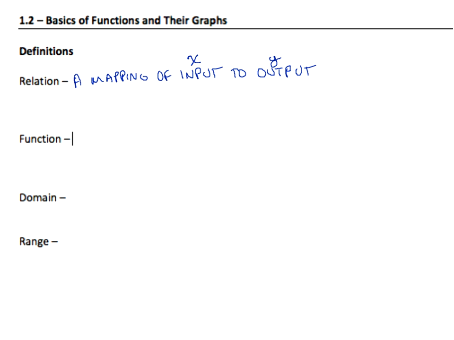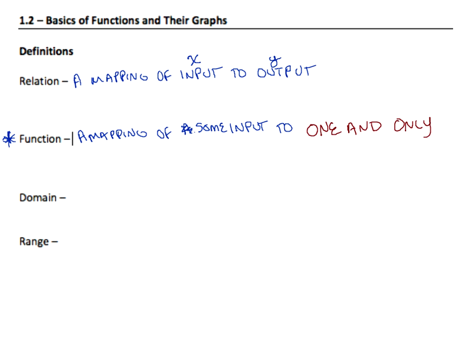So put a star. If you're following along with your notes and filling them out with me, put a star by this word here because it is mucho important. A function is a mapping of some input to, here is the important part, I'm going to do it in a different color, one and only one output.